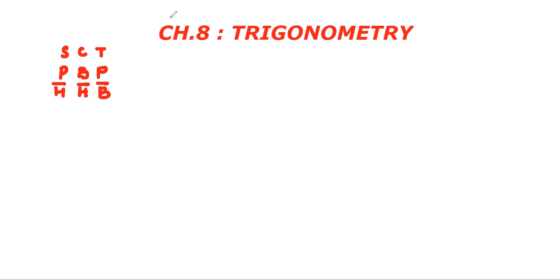So this way you are able to learn what the formulas are for sine theta, cos theta and tan theta. Sine theta is perpendicular upon hypot, cos theta is base upon hypot, and tan theta is perpendicular upon base.